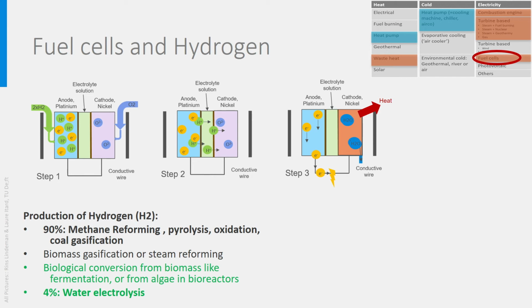First, more than 90% of the actual production of hydrogen is based on fossil fuels and obtained by steam methane reforming, pyrolysis or oxidation. Let's be clear that this is not the type of hydrogen we would like to have. The same types of chemical processes can be applied on biomass to deliver hydrogen. This is already much better, assuming biomass is renewable.